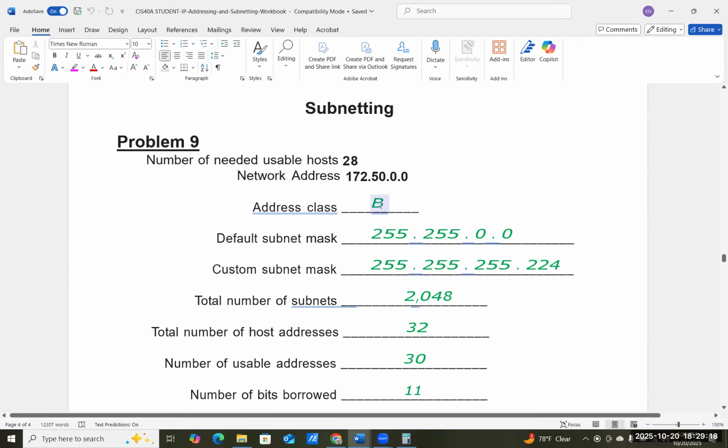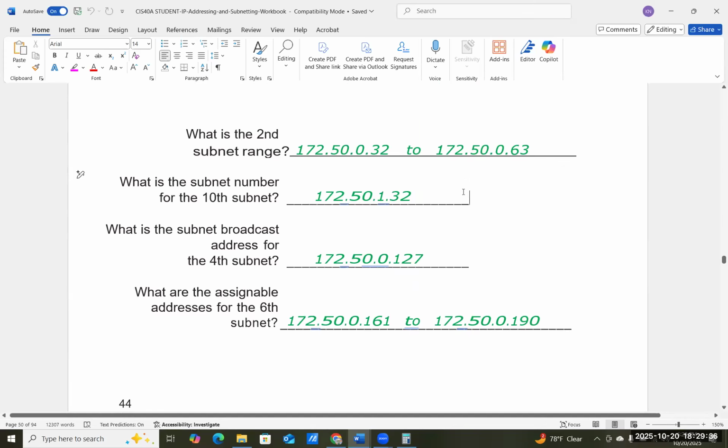So just like what we did today, identify the class, look at the subnet mask, customize your subnet mask, calculate the number of hosts, calculate the number of host addresses per subnet, and then you would have the ranges. But you can use the table from your assignment, or you can go through and just manually do it.